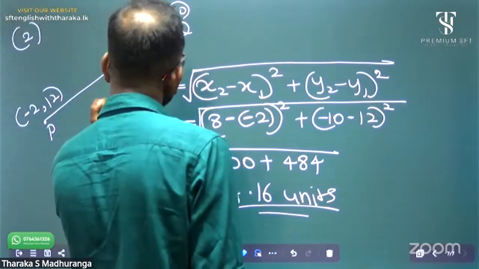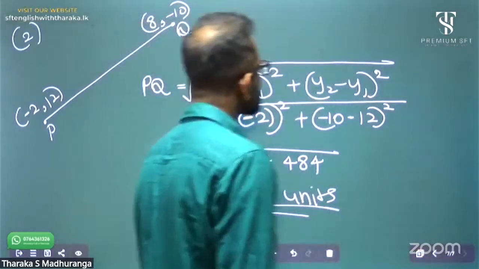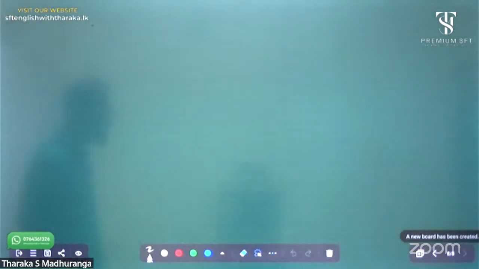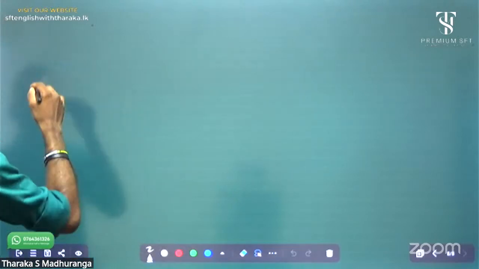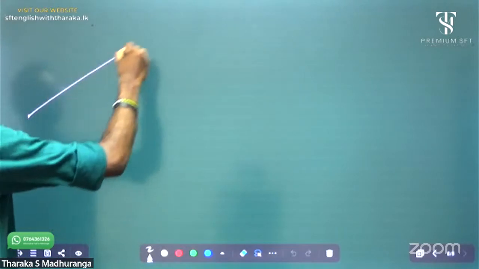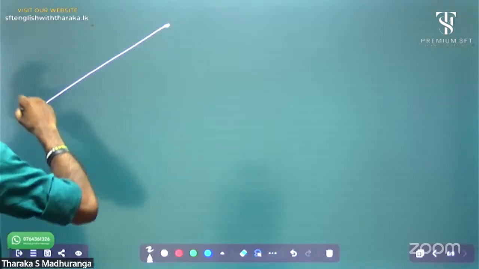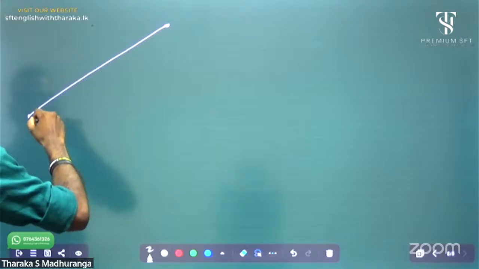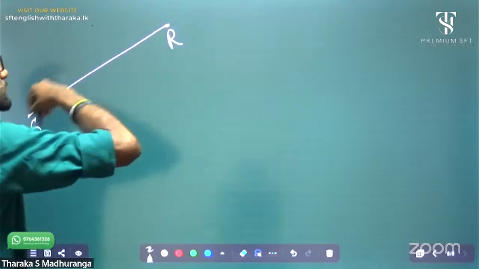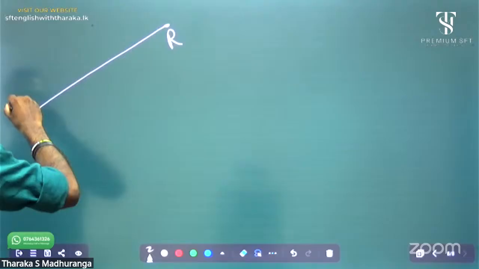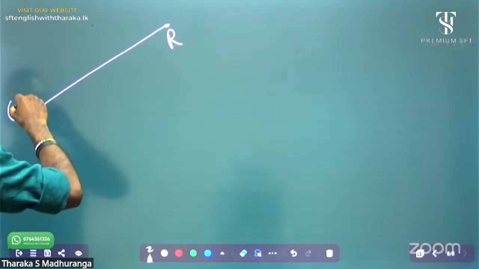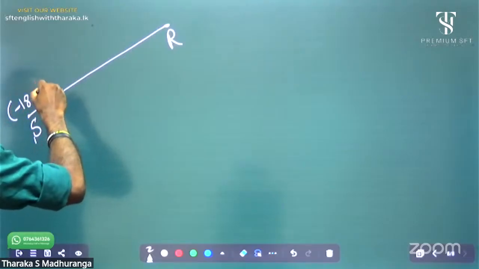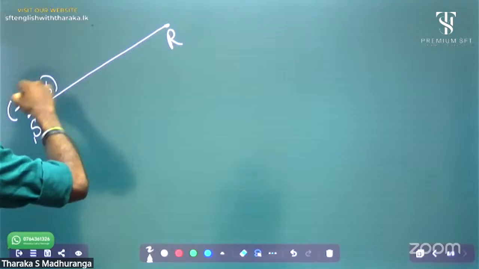Okay, third one. S and R. S coordinates minus 18, minus 6.